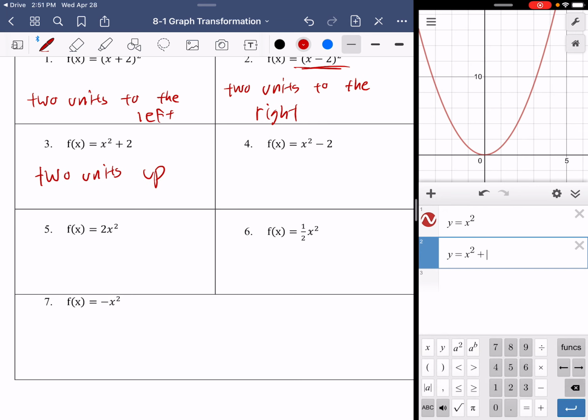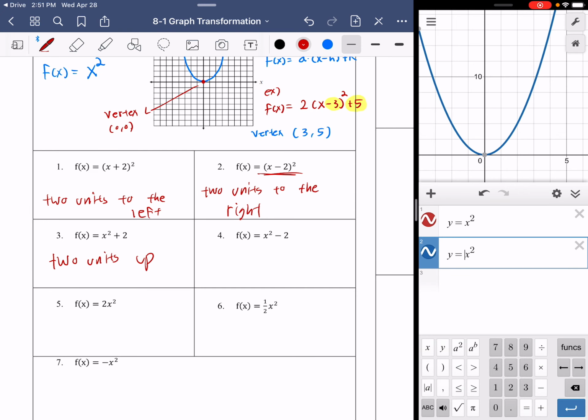And here comes my favorite part. Now, what if you put 2 in front of x squared? What happens? Compare red and blue. You can see the blue graph, which we just graphed, is thinner than the red one, right?